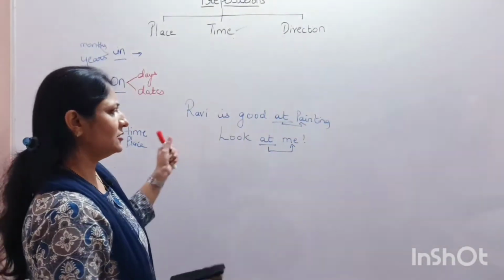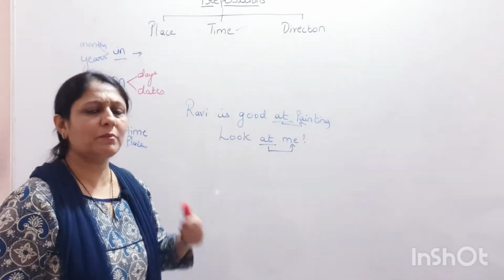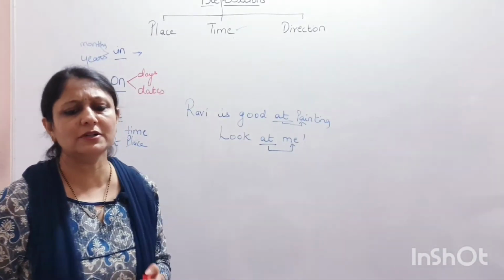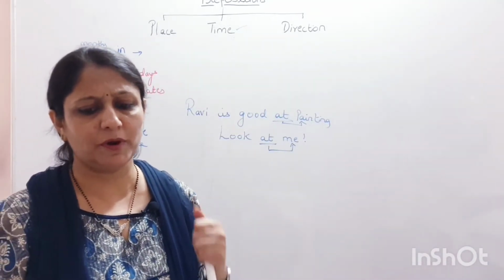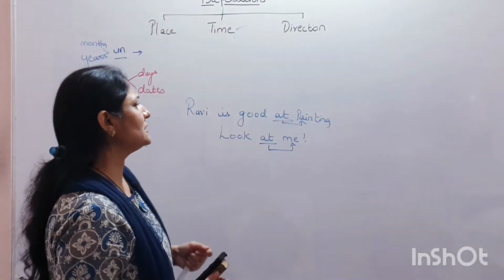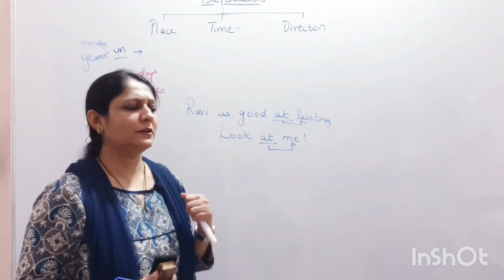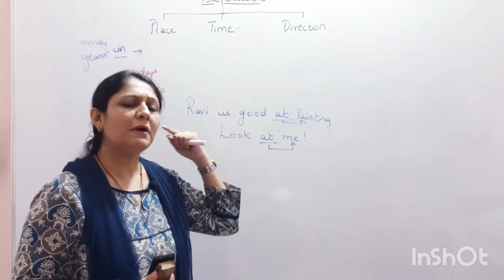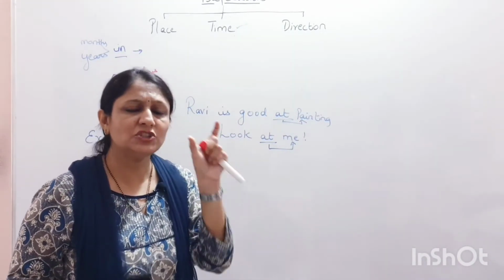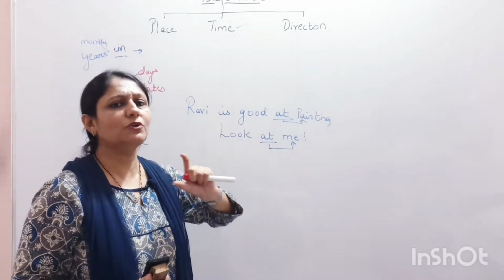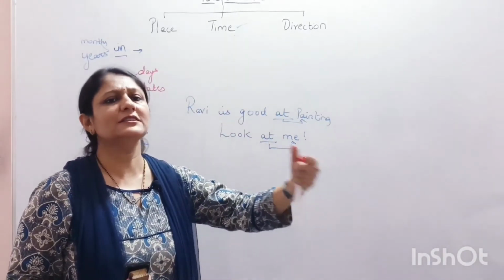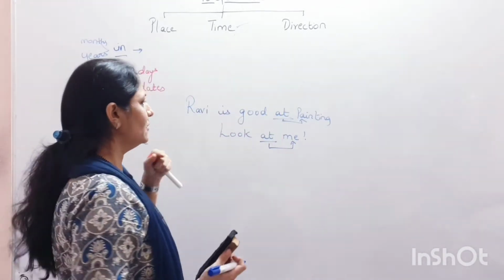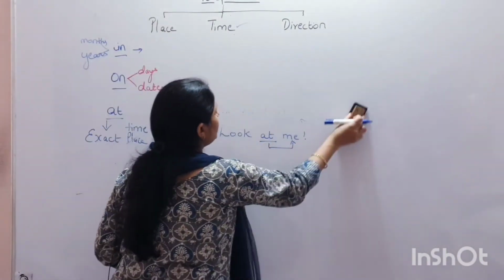I think that's very clear. You can also remember or think about many other examples where you use the preposition at. You can also say, I will come to your house at night. At night means tonight. You're mentioning the exact time when you are going to your friend's place or your own place. Okay, so this was another example of at.